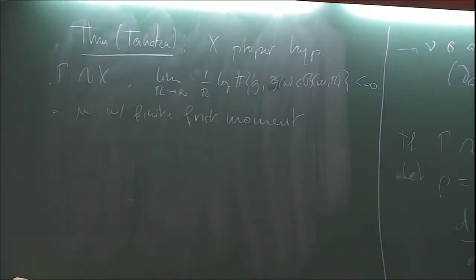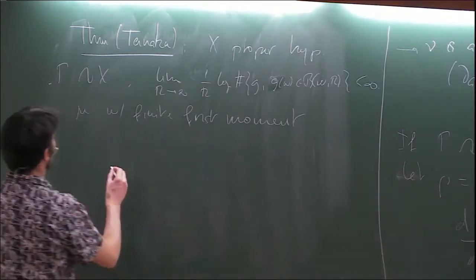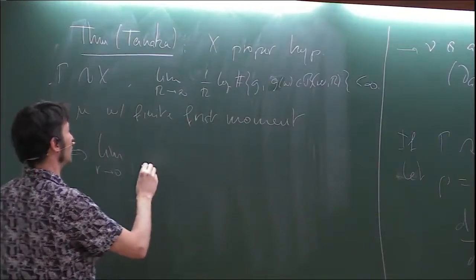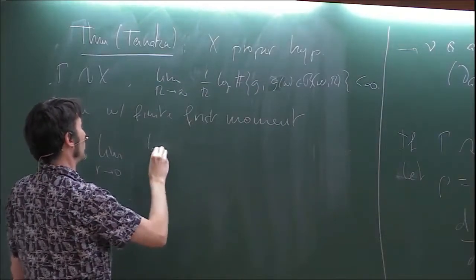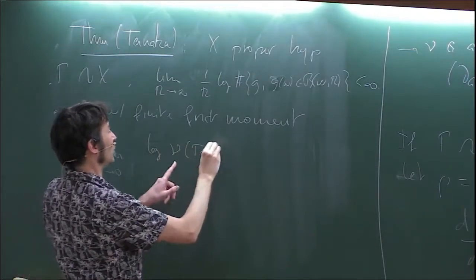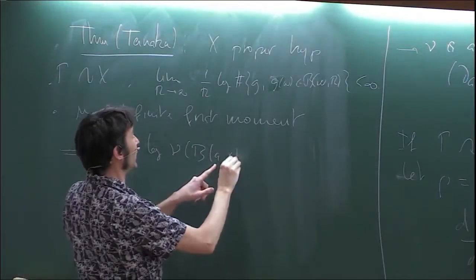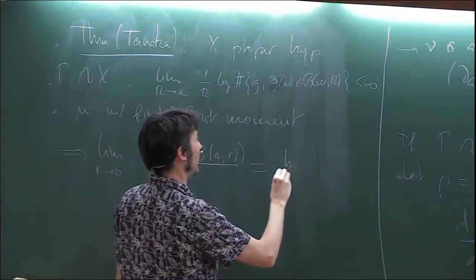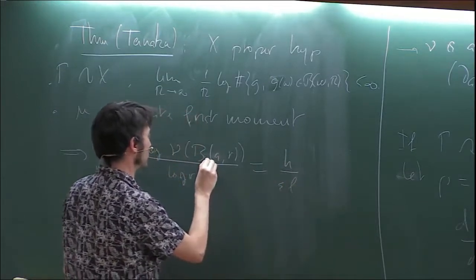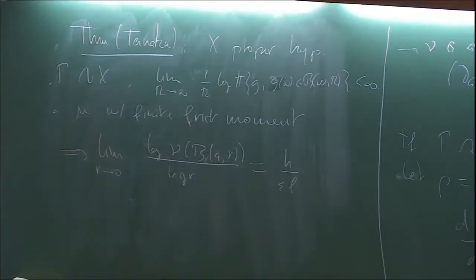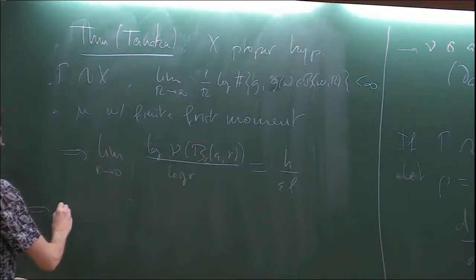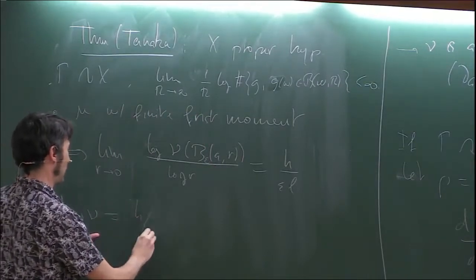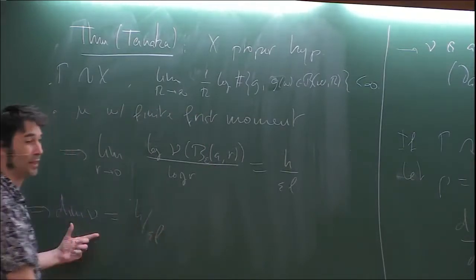Then, if I look at the limit as r goes to 0 of log of the harmonic measure of a ball centered at A of radius r compared to log of r, this is equal to h over epsilon L. And so this means that the dimension of the harmonic measure is h over epsilon L.